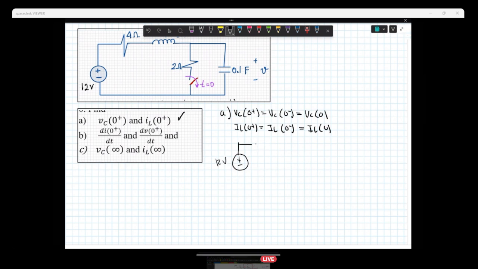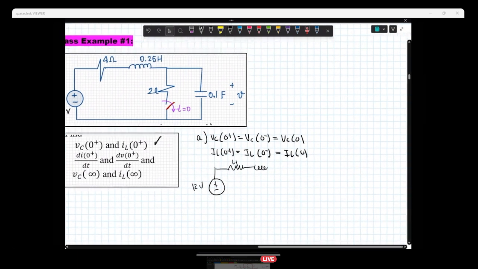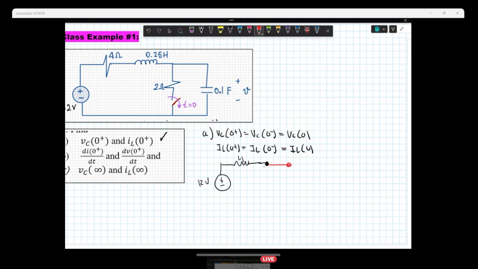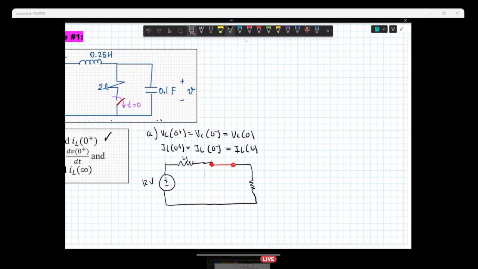You have the resistor, then you have your inductor. It's in steady state, so it gets shorted. Then the switch is flipped down, has not been flipped up, and then you have your open-circuited capacitor.